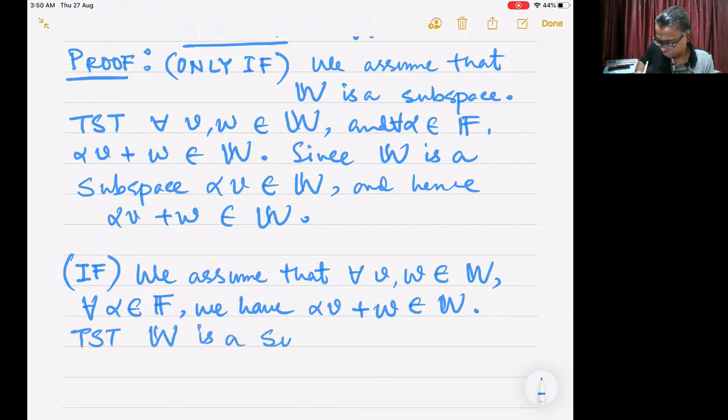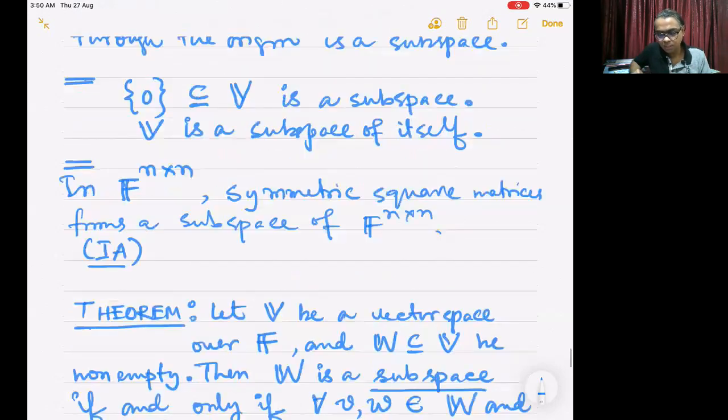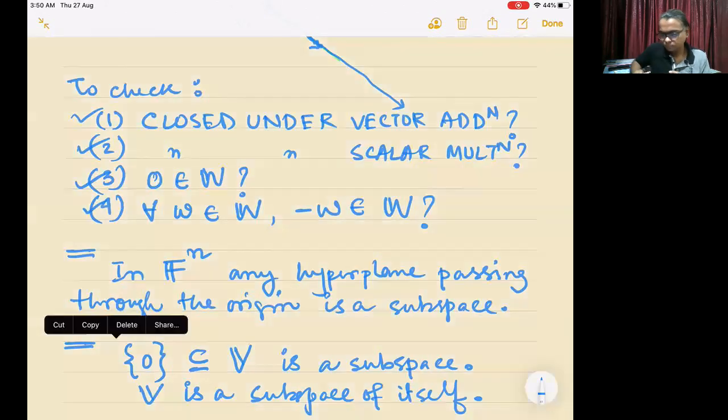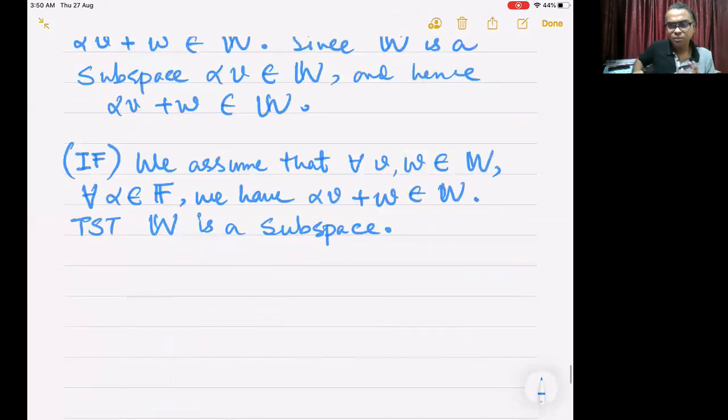That's what we have to show for the if part. How do I show that? I've already listed out the 4 properties that need to be checked for a purported set to be a subspace. It has to be closed under addition, closed under scalar multiplication, the additive identity should be there, and additive inverses should be there. Okay, let us see whether that is true or not.